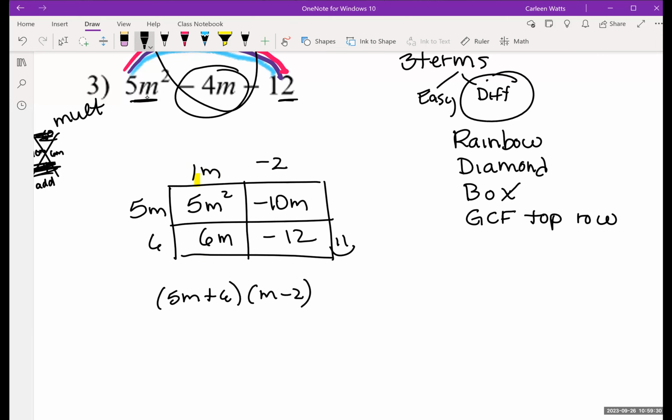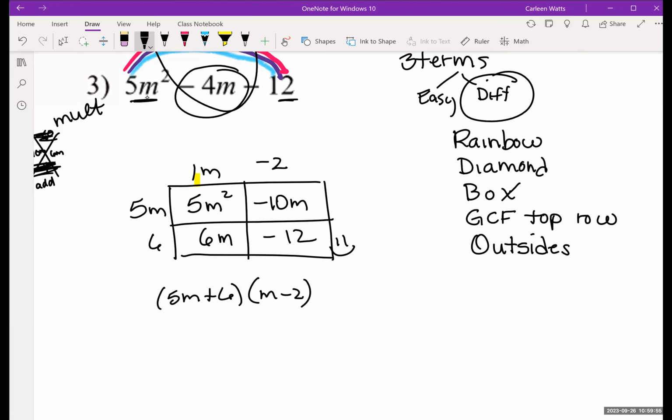So rainbow, diamond, box, GCF of the top row, complete the outsides. That's a 6. We see that, right? Rainbow, diamond, box, GCF of the top row, outsides. Okay.